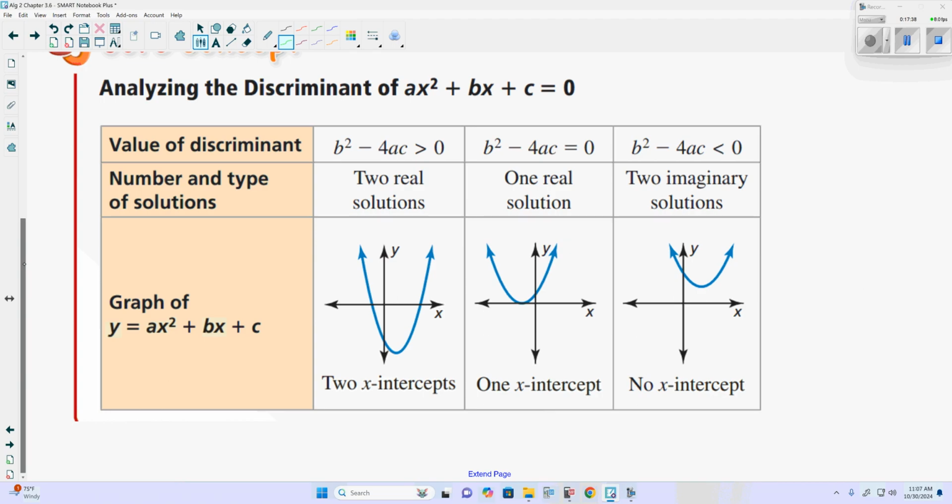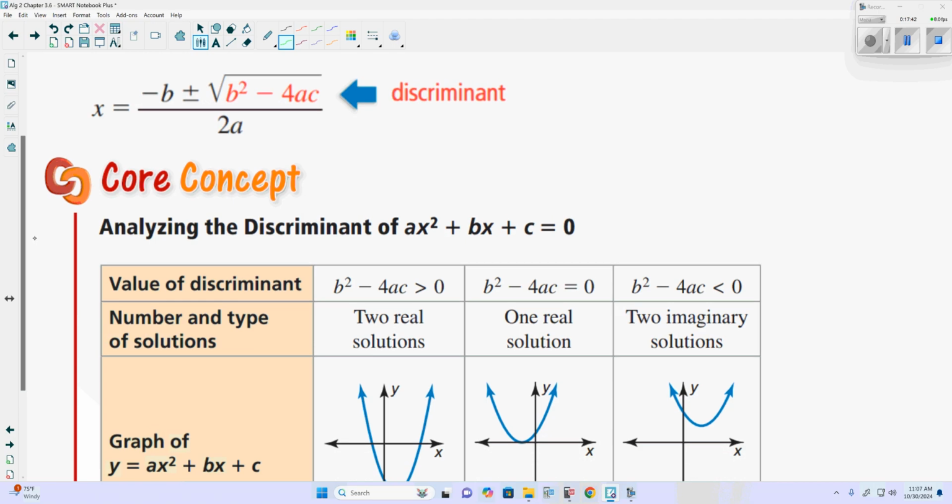We have this here because the b squared minus 4ac is coming from inside the radical, which we have the plus or minus, the positive negative case. Because if b squared minus 4ac is greater than 0, it means we can take the square root of it. It's a positive. We're fine there.